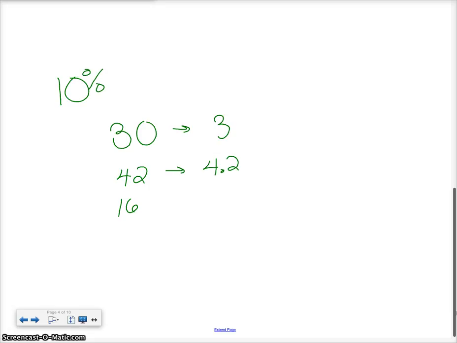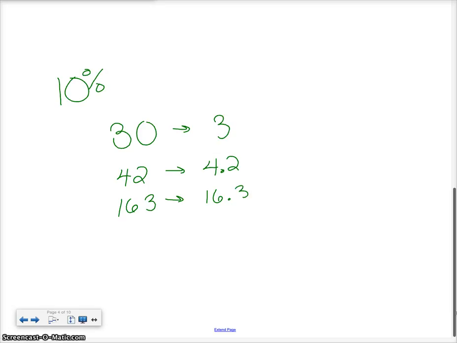So I'm going to tell you a whole bunch of 10% of different numbers, and your goal is to identify what is the pattern that I'm using. So if I have 30, 10% of 30, I'm going to tell you is 3. If I have 42, 10% of 42 is 4.2. If I have 163, 10% of 163 is 16.3.